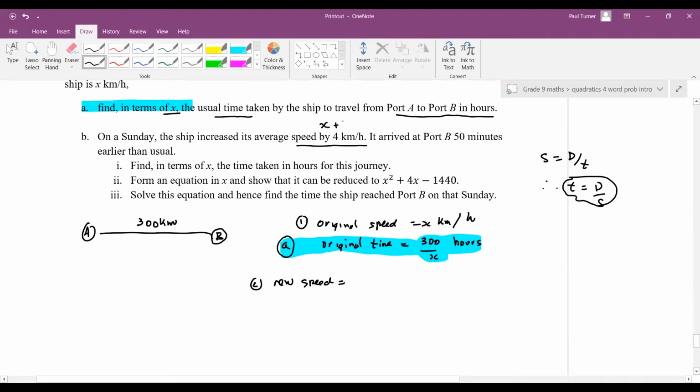So we'll write that as X plus 4 because it's related to the original speed. So that's X plus 4 kilometers per hour. So his new time, he would take 300 divided by X plus 4 hours.